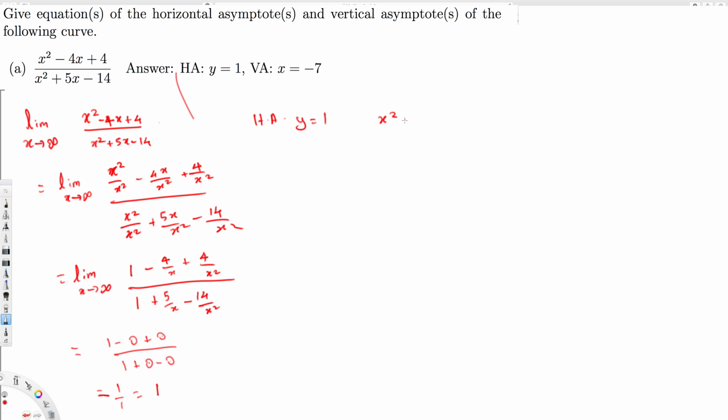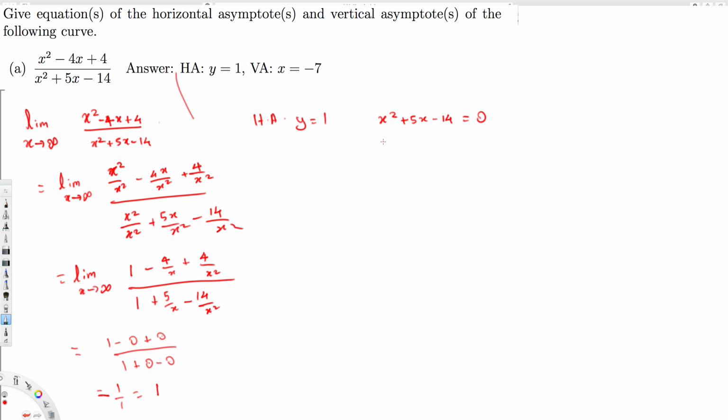x square plus 5x minus 14 equal to 0. Then we have to see whether we can factor this one. When I multiply, I have to get minus 14, and when I add, I have to get plus 5. So plus 7 and minus 2 will work.